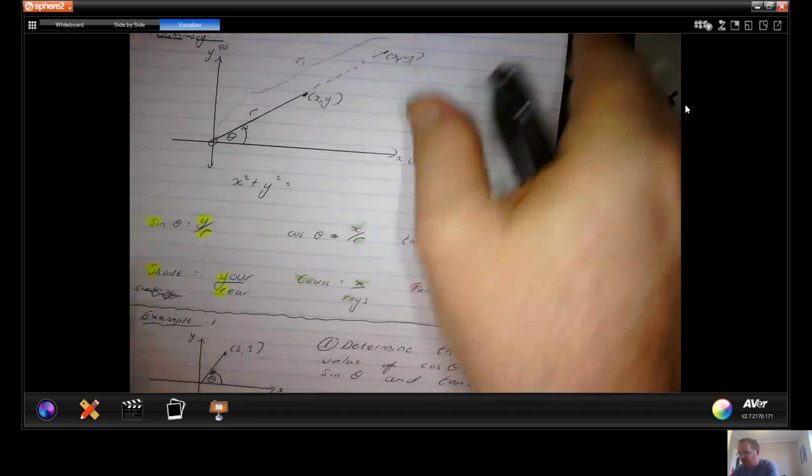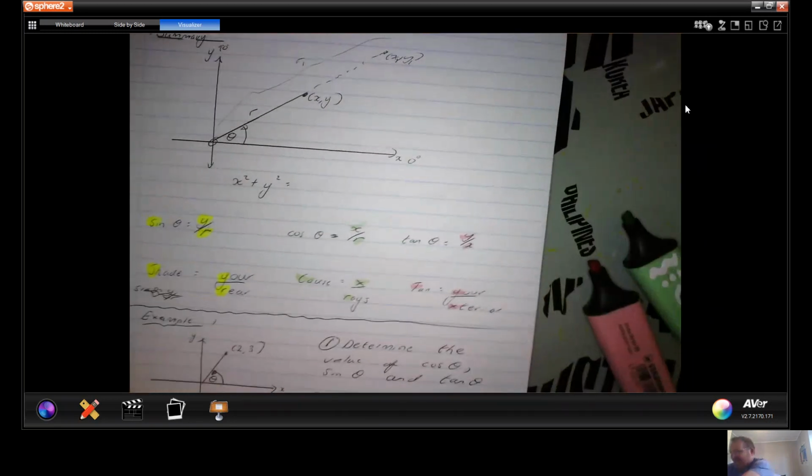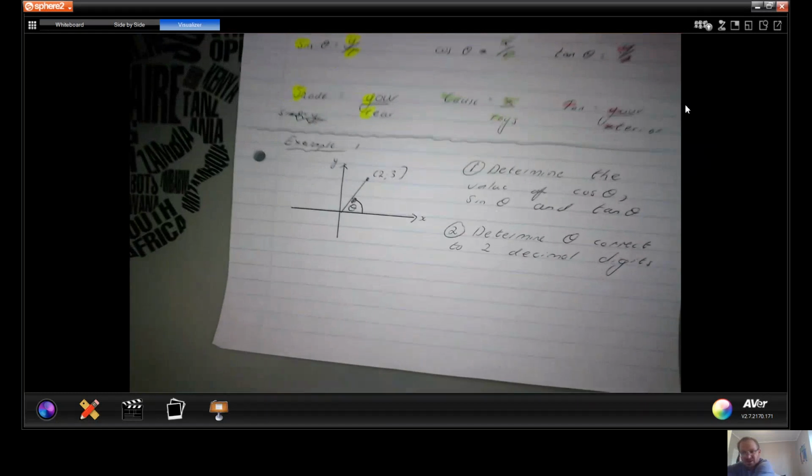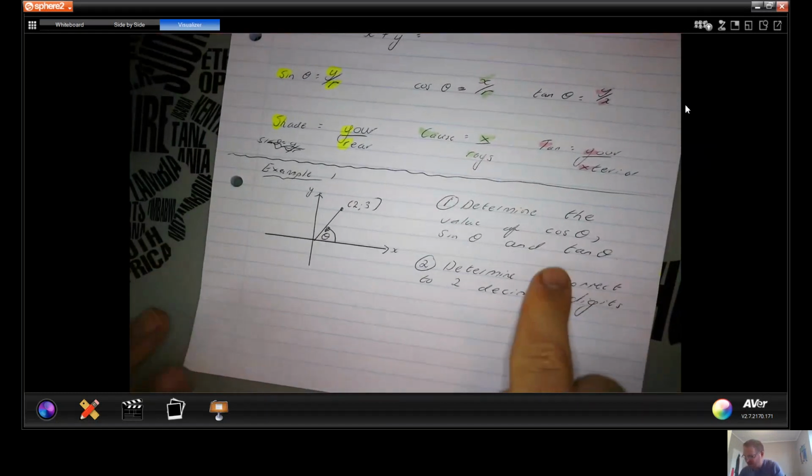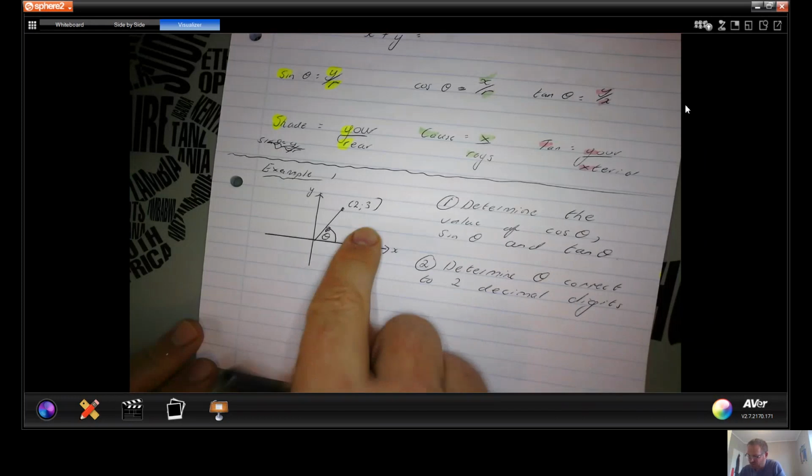Example 1: determine the value of cos theta, sine theta, and tan theta for this diagram.